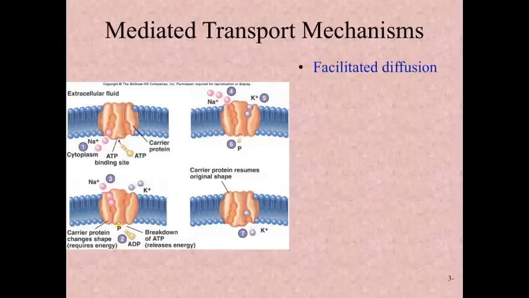When we were in lecture last time, we were talking about different ways in which substances can be moved across a cell membrane. We talked about diffusion as one of the options. Remember that refers to the passive movement of substances from an area of greater concentration to an area of lesser concentration.